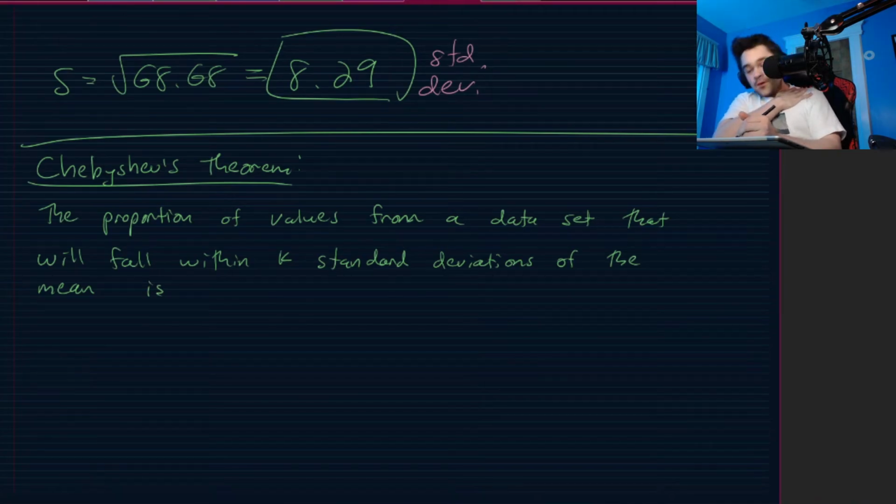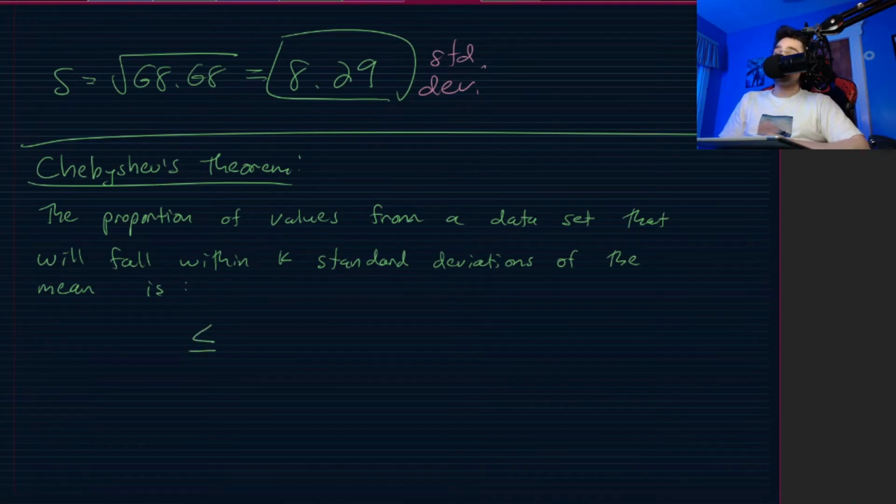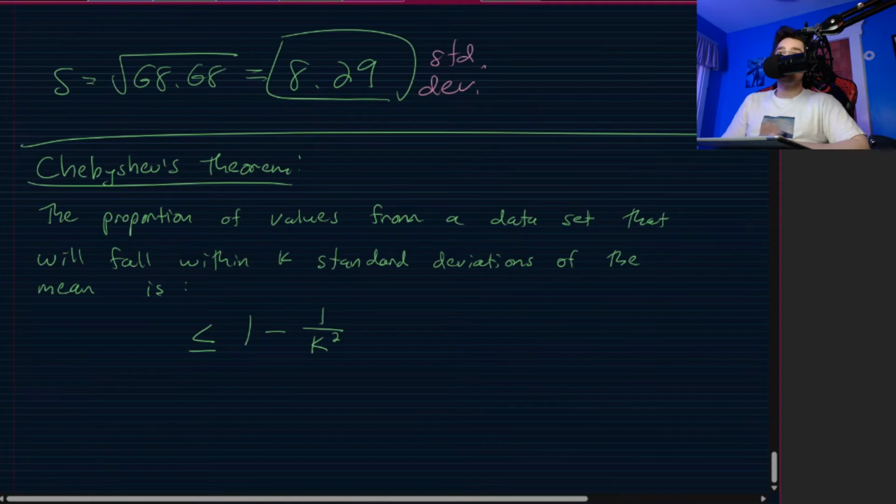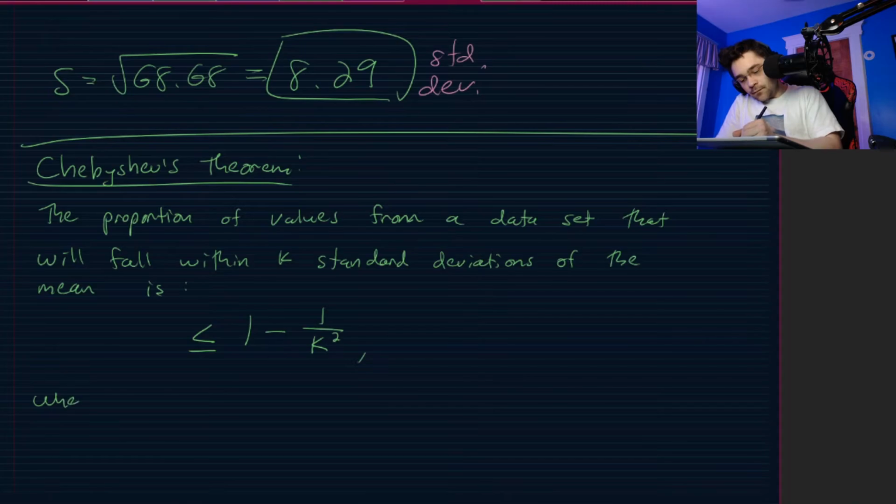is, so the form is at least, so I guess I'll put here a less than or equal to. That's how you say at least, right? At minimum. One minus 1 over K squared, where K is a number greater than 1.